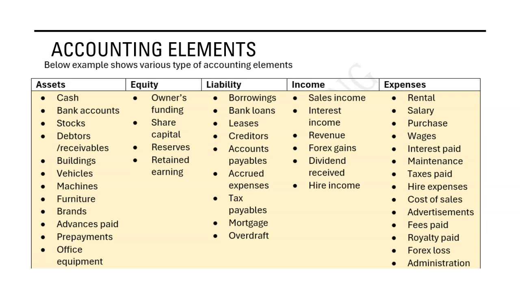Finally, the expenses, as examples: rental expenses, salary and wages, interest payment, tax payment, cost of sales, advertisement, royalty payment, forex expenses, admin expenses. So there are a whole lot of payments we call expenses.